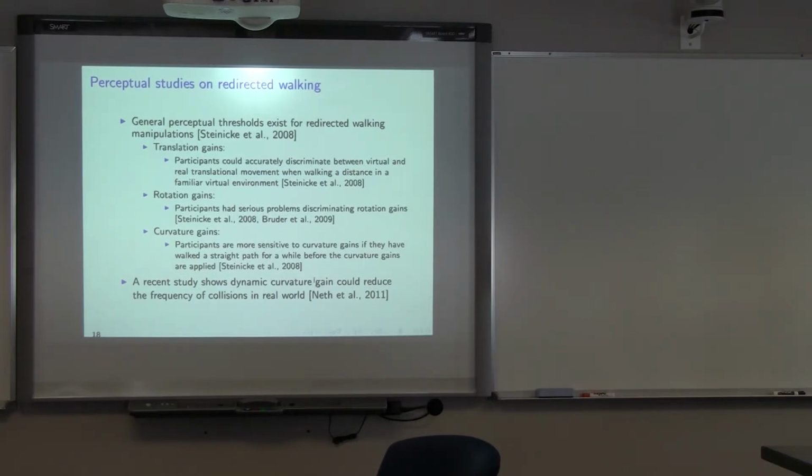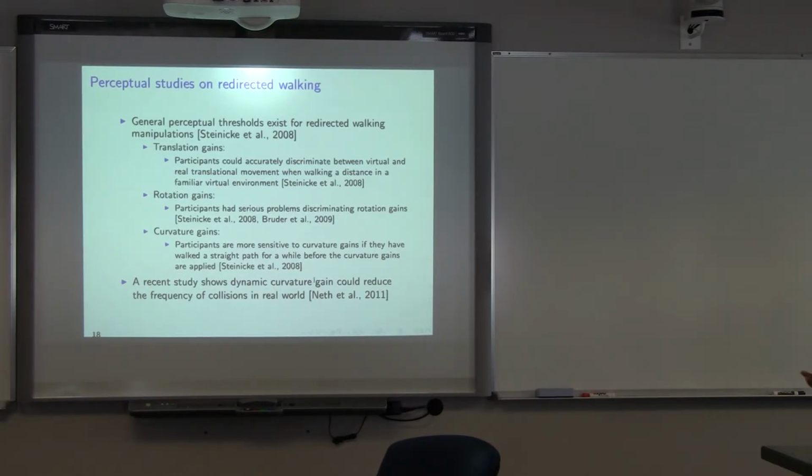For example, users may be more sensitive to translation gains if they are working in a familiar virtual environment. Participants may be more sensitive to curvature gains if they have walked a straight path before the curvature gains are applied. Another study implements an algorithm to insert a dynamic rate of curvature gains into the virtual world based on the user's walk speed.